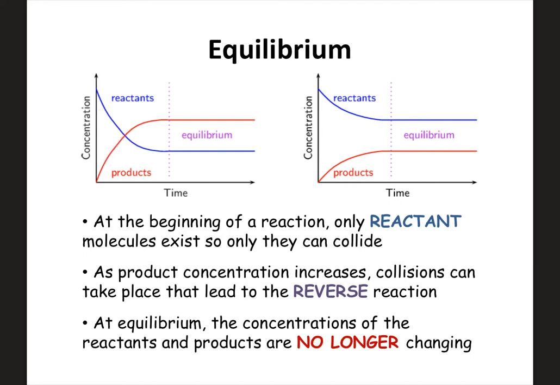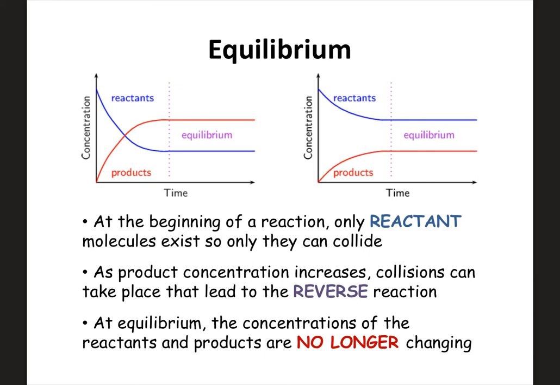Once you get enough of the product forming, that's when you can actually have collisions between the products that allow the reverse reaction to occur. But in both graphs, the products are non-existent in the beginning, and only the reactants are there. As the reaction takes place, the reactants decrease and the products increase.